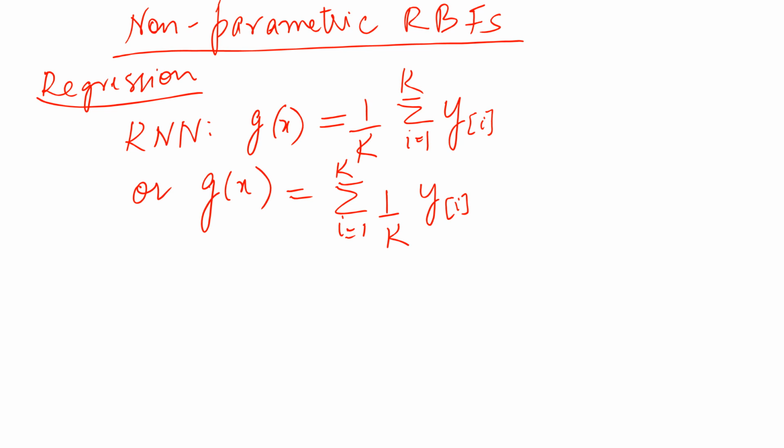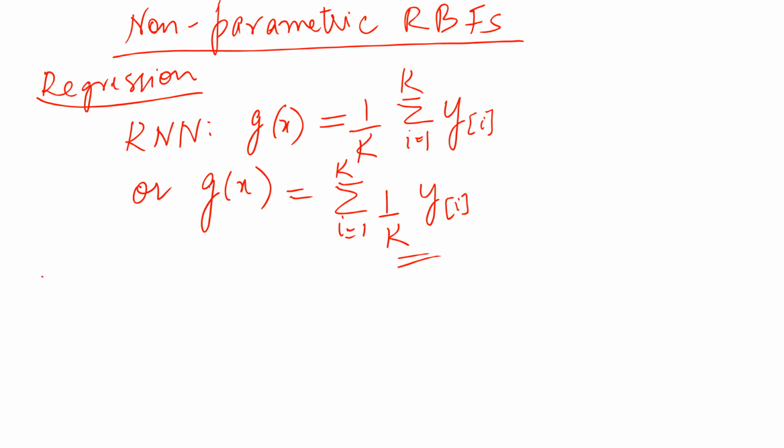As I said, extending it to something known as the radial basis function, where I'll use all the data to classify this x. Instead of the uniform weights that I had here, I have weights that are different depending on where the point lies. What that means is that the nearer points get more weightage than the farther ones. So the radial basis function is the weighted average of the y values of all the data.